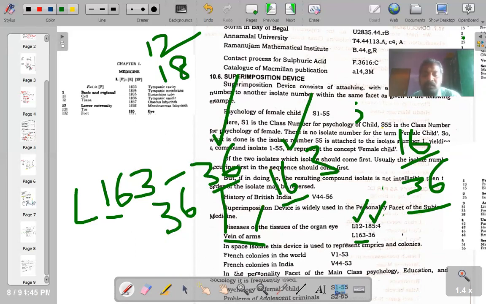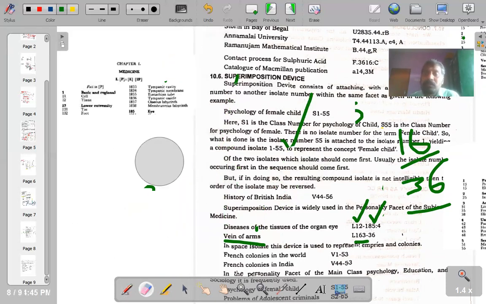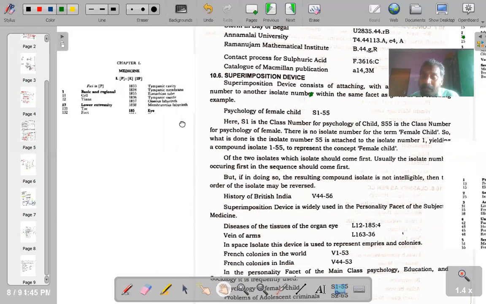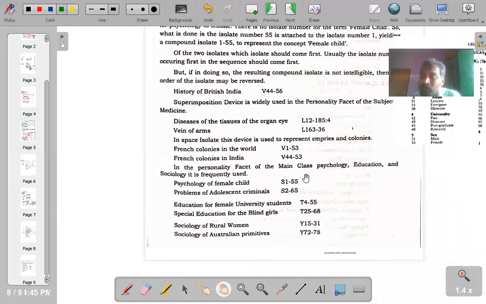I think it's clear. So whenever you want to add these two kinds of numbers, you can always go for something called the superimposition device, taking two numbers on the same isolate and attaching both numbers with the help of a small hyphen.